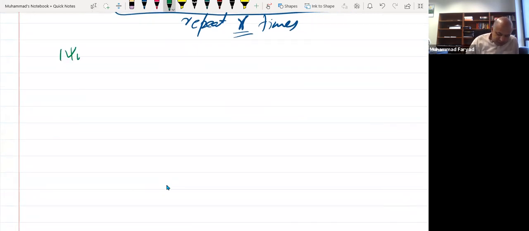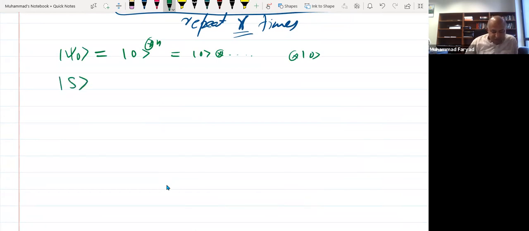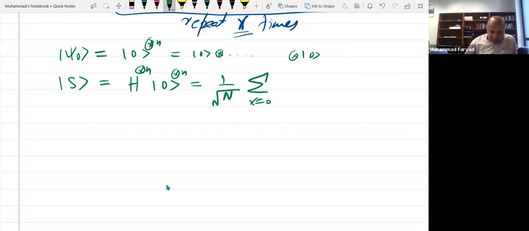So the input psi naught is nothing but this 0 state, which is 0, 0 on each qubit, and the state right after the first Hadamard transformation is just the state that we have encountered many times before as well, which I can write as 1 over square root of n, sum over x from 0 to n minus 1, x.